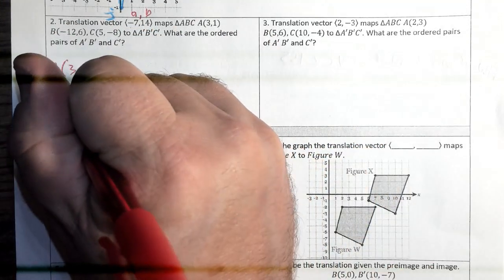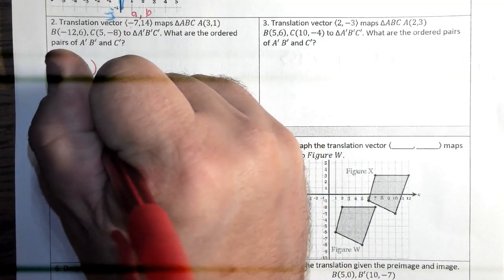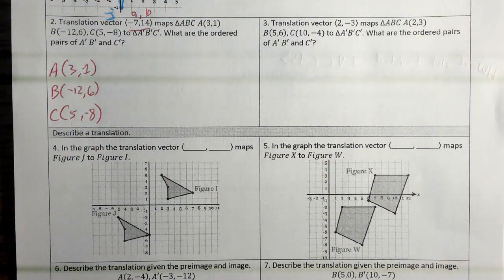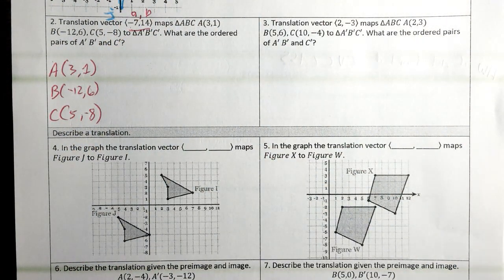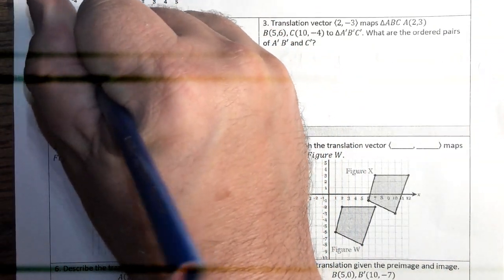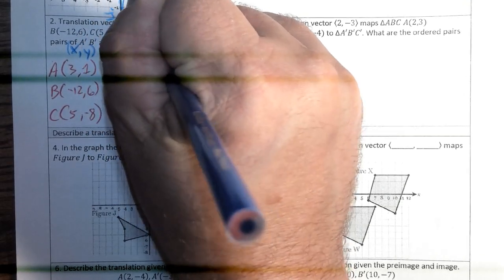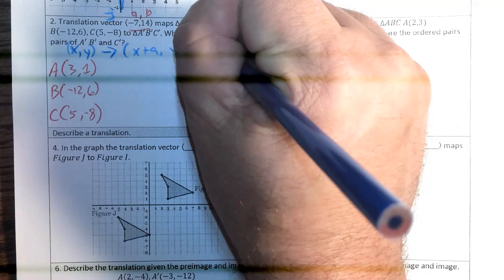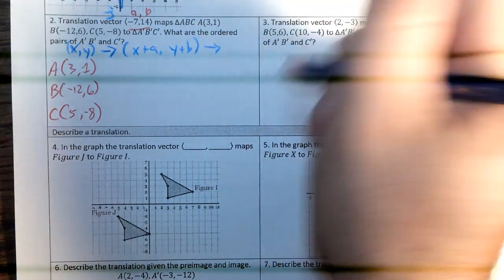And C is 5, negative 8. So here's our vector, right above here. So x comma y is going to be x plus a comma y plus b to get our new ones.